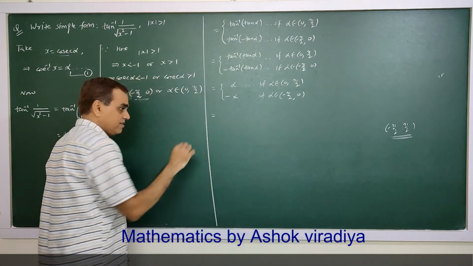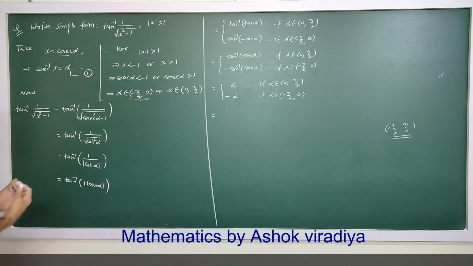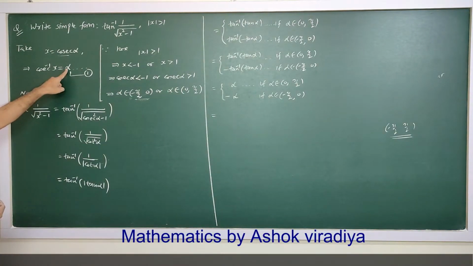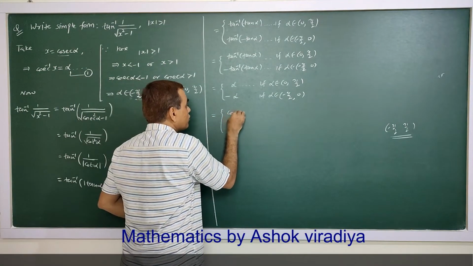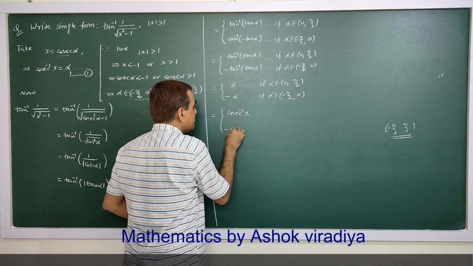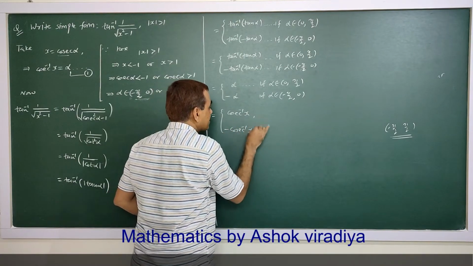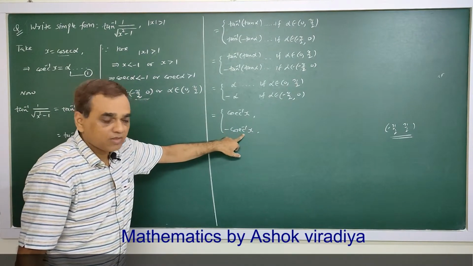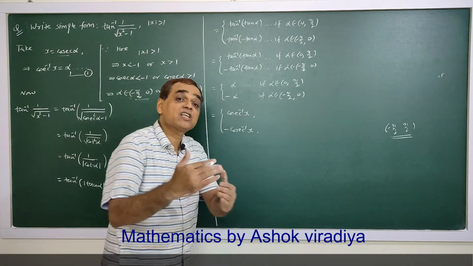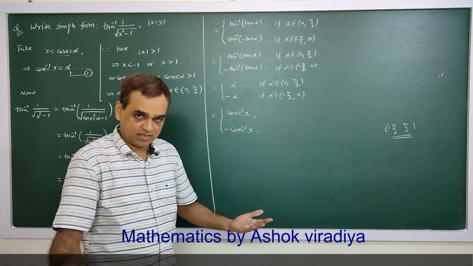Now coming back in terms of x, putting the value of alpha, alpha is cosec inverse x. So here cosec inverse x, here minus cosec inverse x. Now we come back in x. So now this condition should be converted into x.